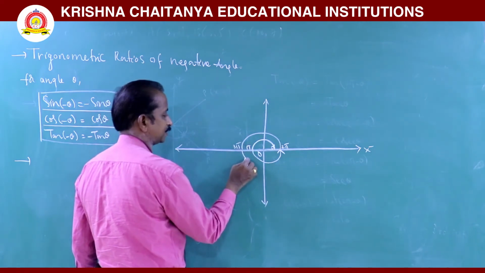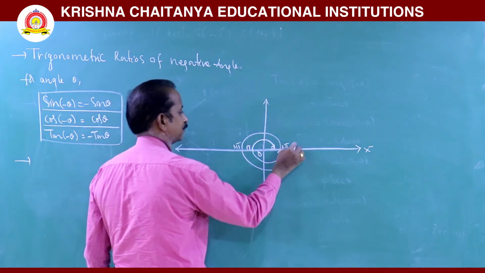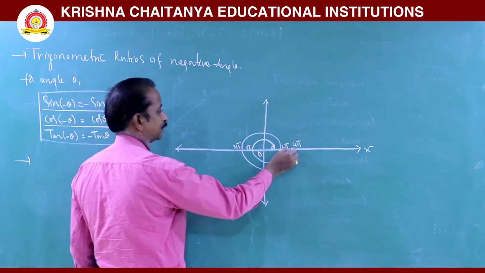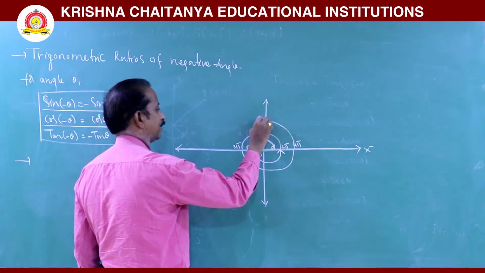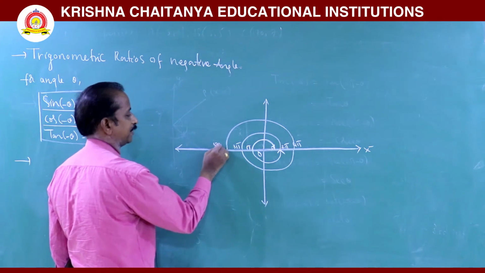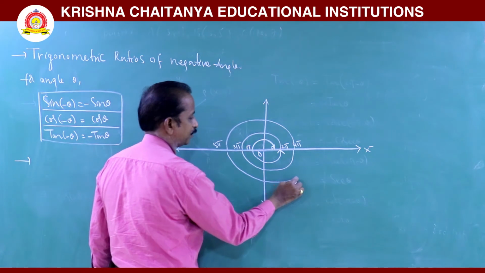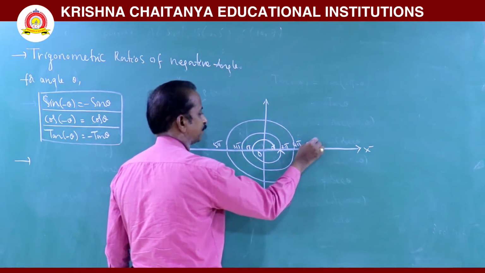If you complete another turn, we can consider 4 pi radians. If you continue the same rotation and coincide with the negative x-axis, it is 5 pi radians, and continuing the rotation to coincide with the initial ray, it is now 6 pi radians.